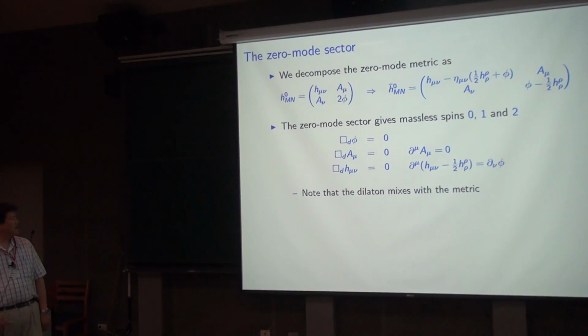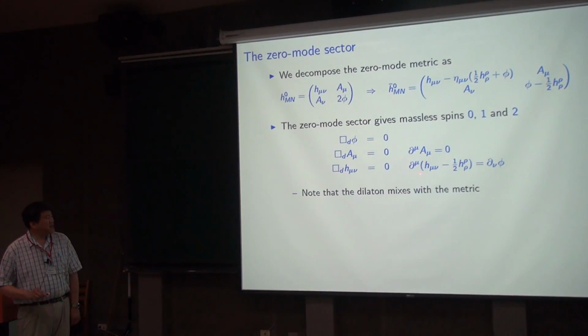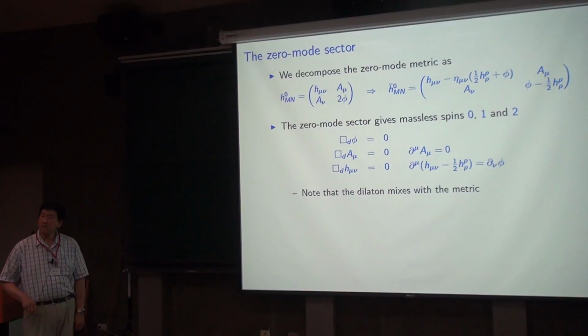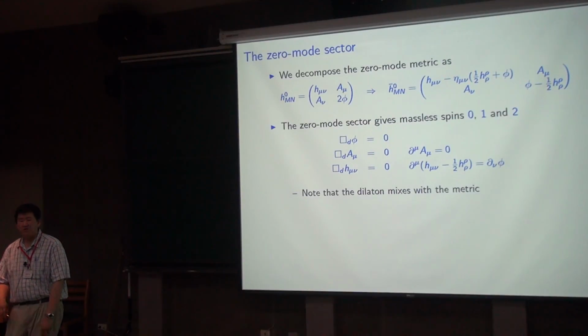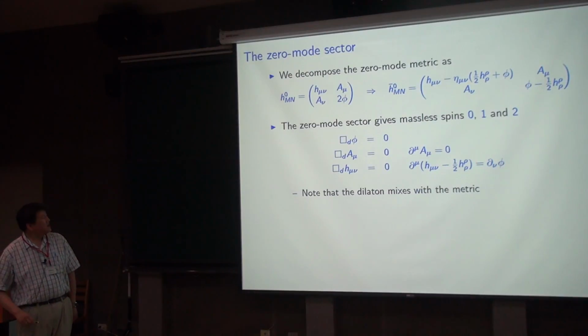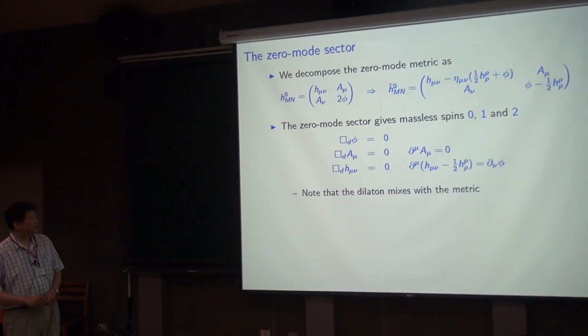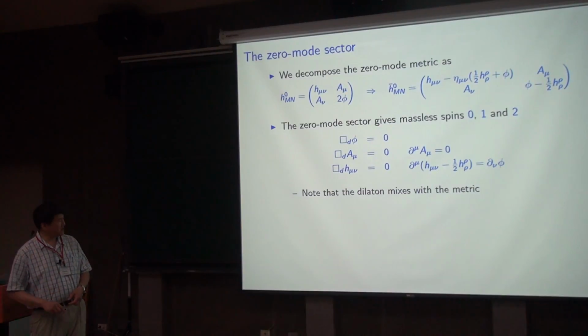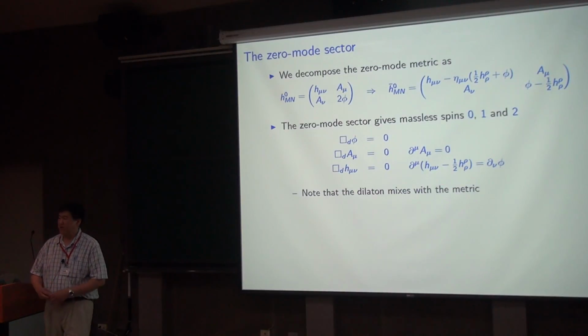In 4 dimensions, I got box h mu nu equals 0, and then the harmonic gauge condition in 4 dimensions is a little bit different because I have a right-hand side, d mu phi, because of this mixing term over here. The ordinary 4-dimensional Einstein theory in harmonic gauge would not have this right-hand side over here. So there's a bit of a mixing of the dilaton or the scalar with the metric field.